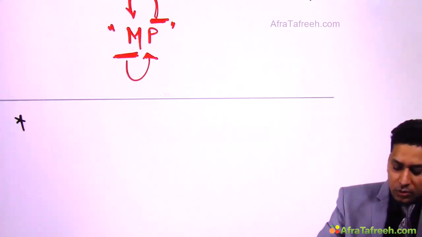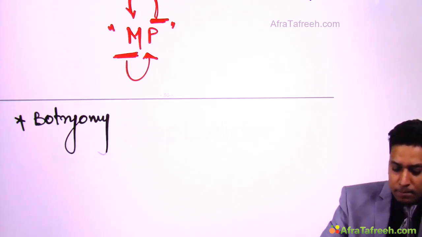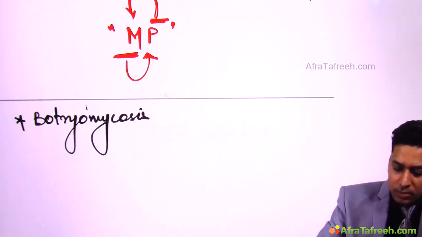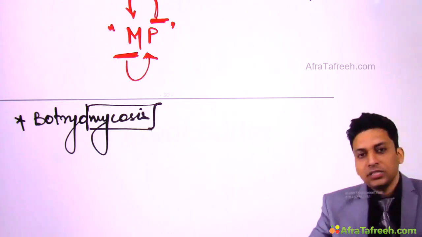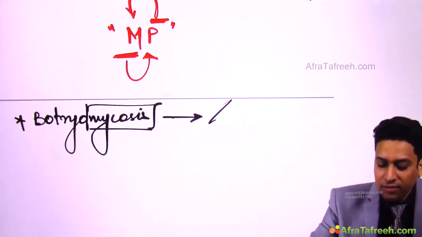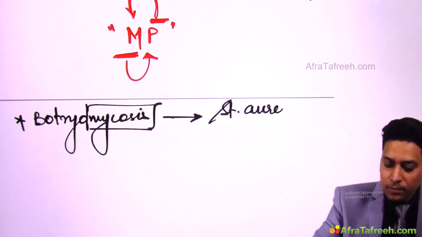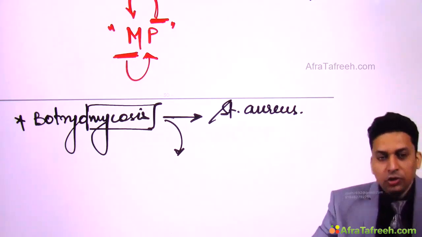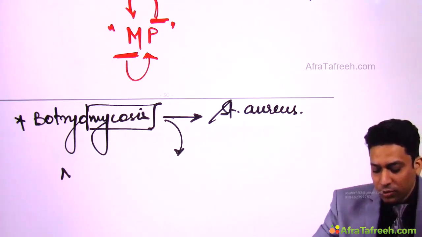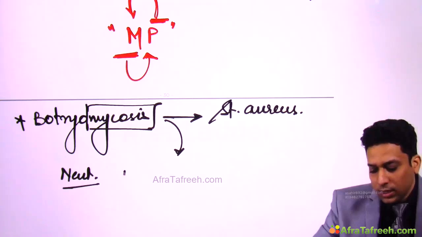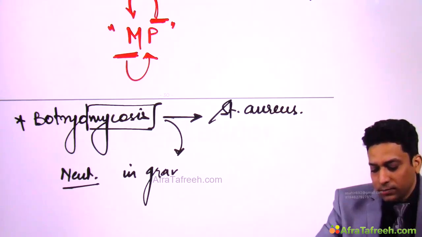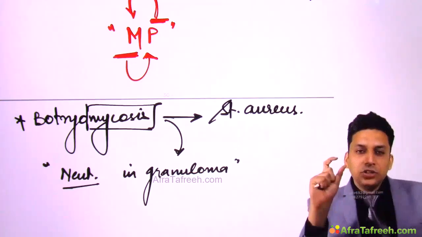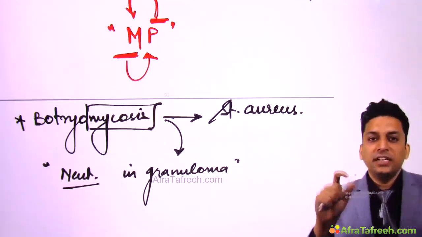Now there is a condition known as botryomycosis. Now this term mycosis is a misnomer here because this is not a fungal infection. This is caused by Staph aureus. Now in this condition, you will find small collections of neutrophils in the center of granuloma.